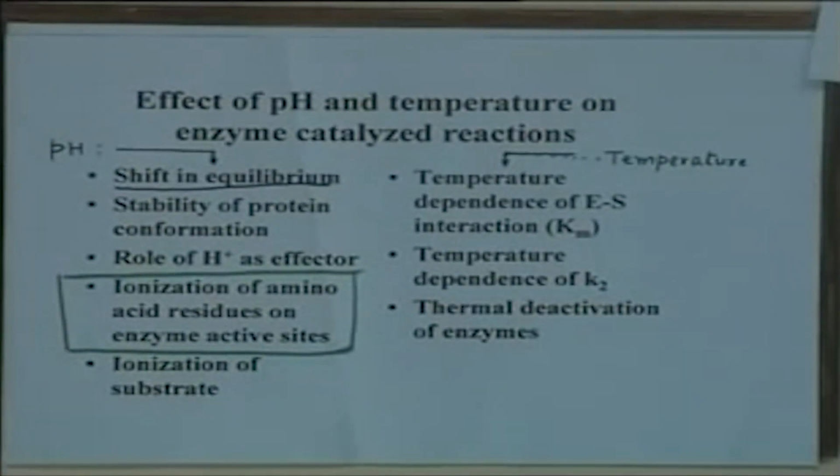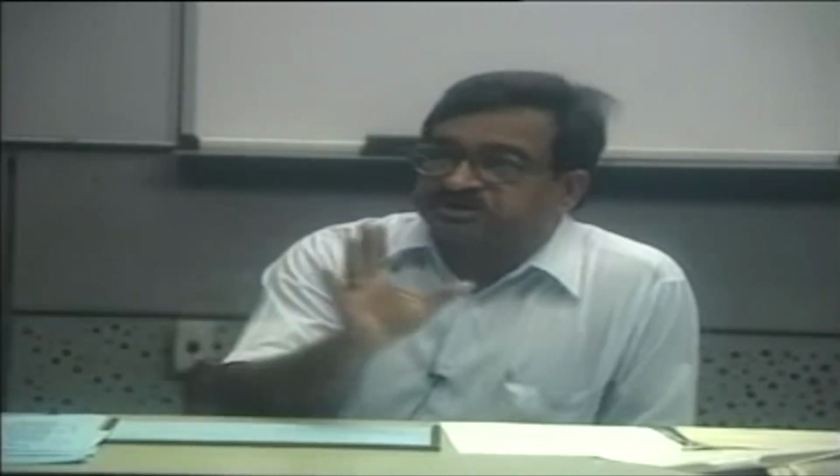The third effect of temperature on the enzyme catalyzed reactions is the deactivation of enzymes. Just like in the case of pH effects, the effects of temperature are also mediated by an inactivation process. That means, as long as you are keeping the temperature in the environment of the reaction within a closed range, the enzyme may be functional.